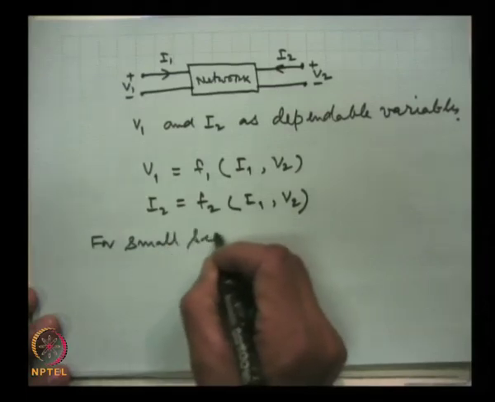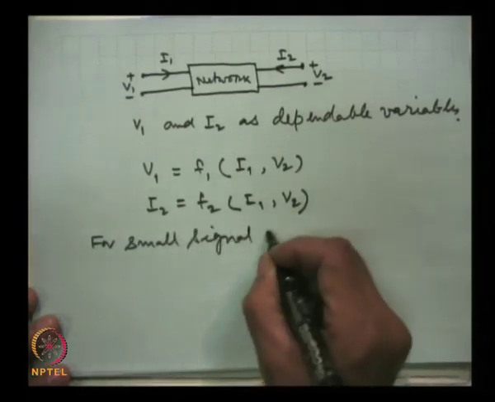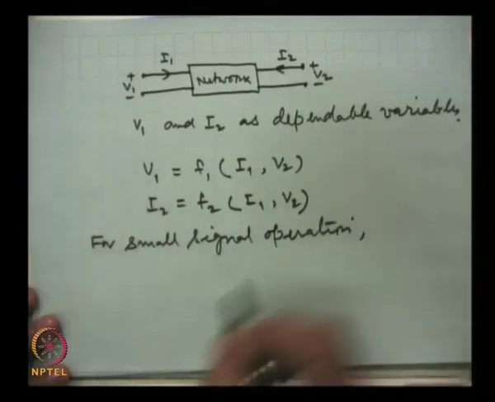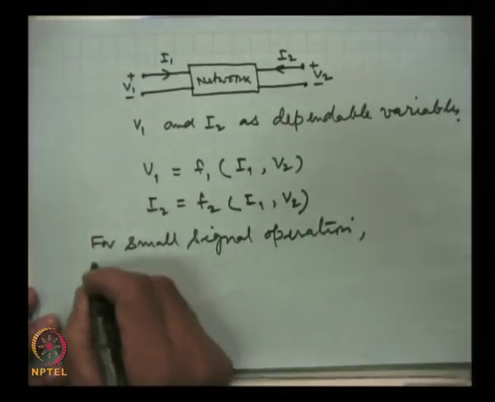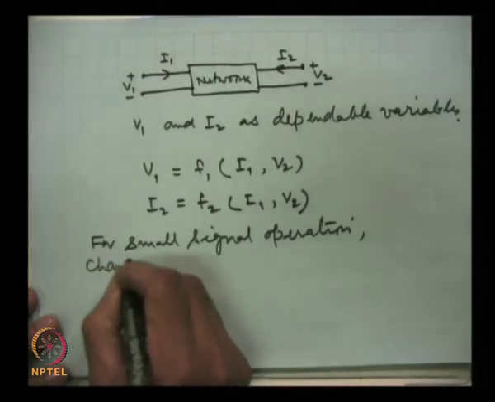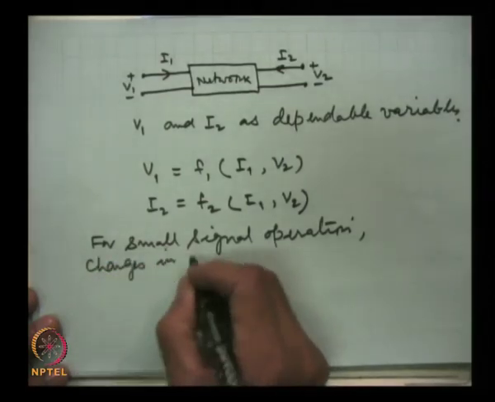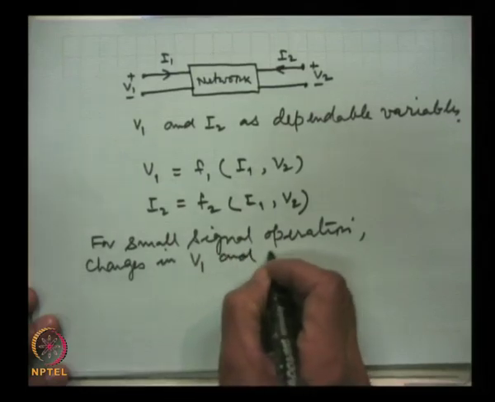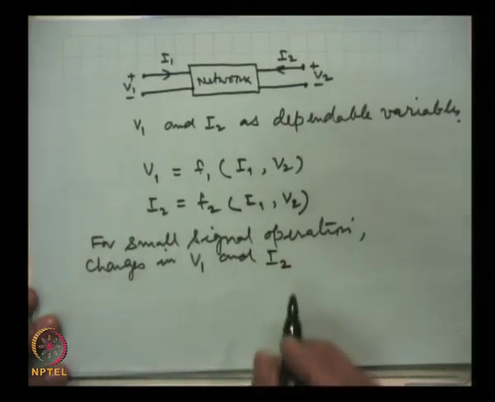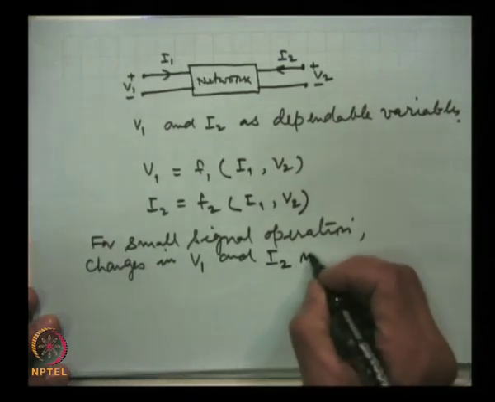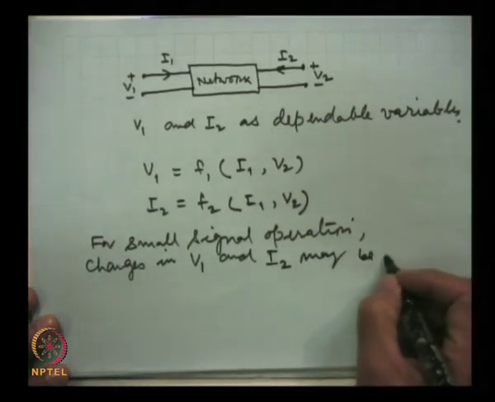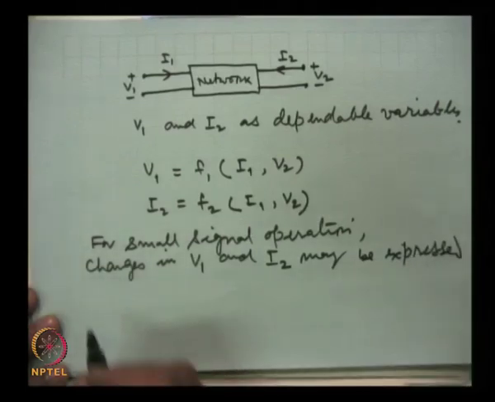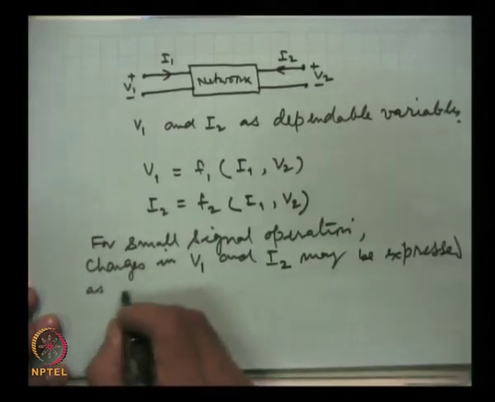For a small signal operation, changes in the voltage V 1 and current I 2 may be expressed as total differentials.